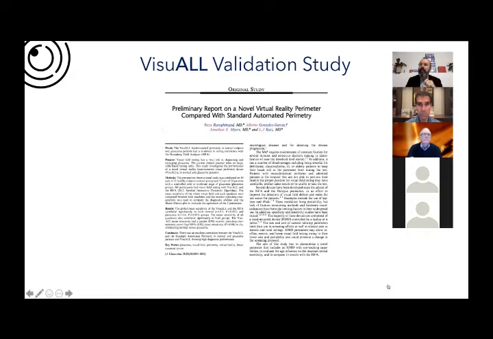We already submitted two other manuscripts. One is related to the technical components of the VisuALL, and the second one is the validation of our pediatric pupillometry. It was done at Vanderbilt Eye Institute, and it was sent to the American Association of Pediatric Ophthalmology.